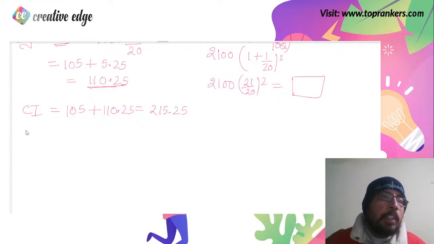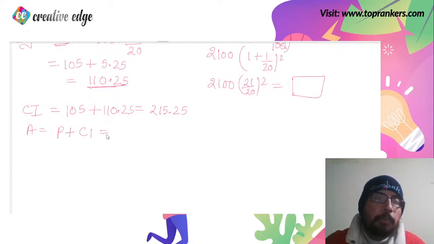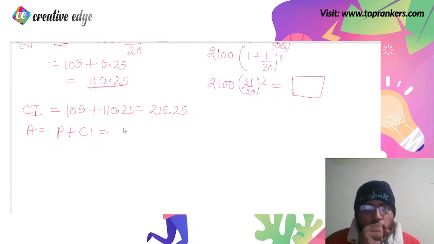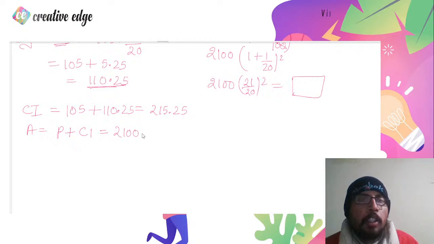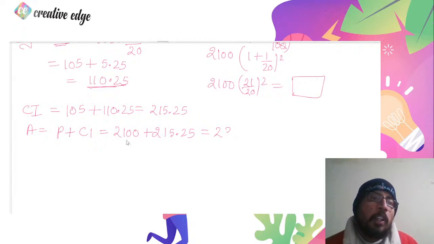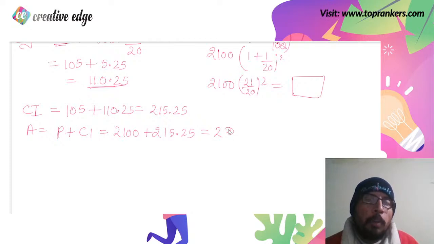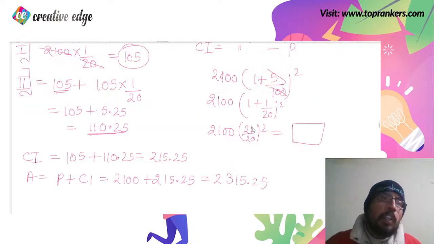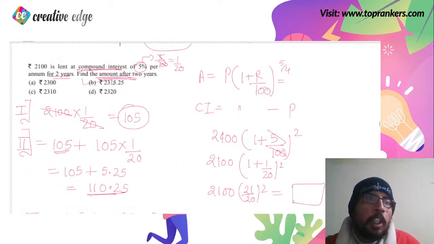So the interest is 215.25. The total amount will be principal plus CI, that is 2100 plus 215.25, which is equal to 2315.25. I believe it is mentioned in the question, so it is option B.